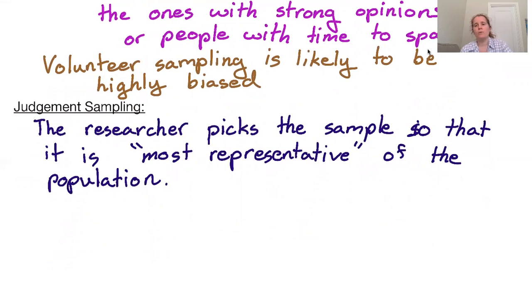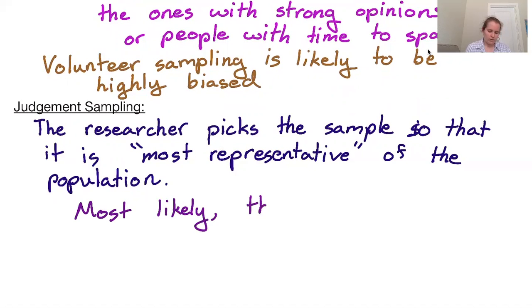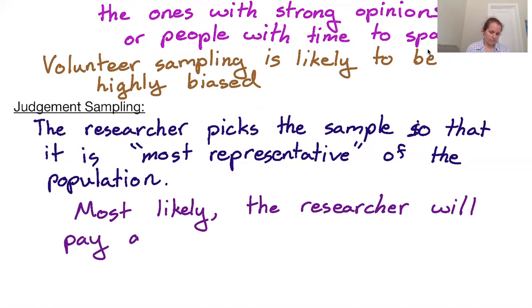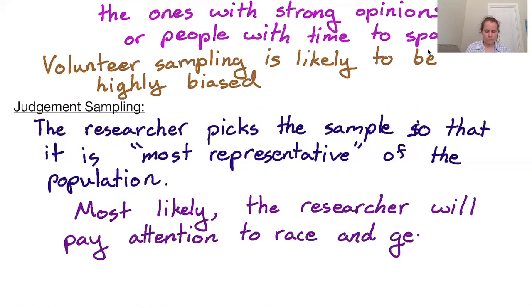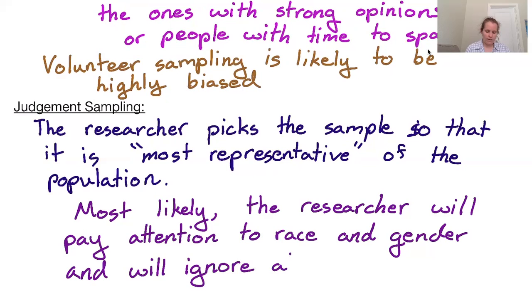So most likely the researcher will pay attention to race and possibly gender, and will ignore all other factors.